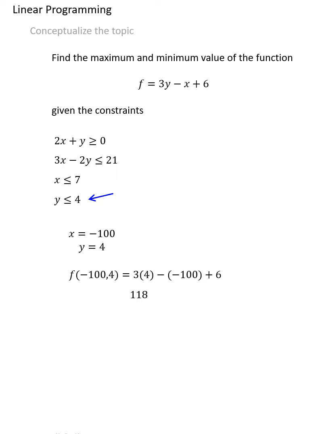Let's go over the constraints one at a time. Did I choose a y value less than or equal to 4? Yes, I did. I chose 4. Did I choose an x value less than or equal to 7? Yes, I did. I chose negative 100.